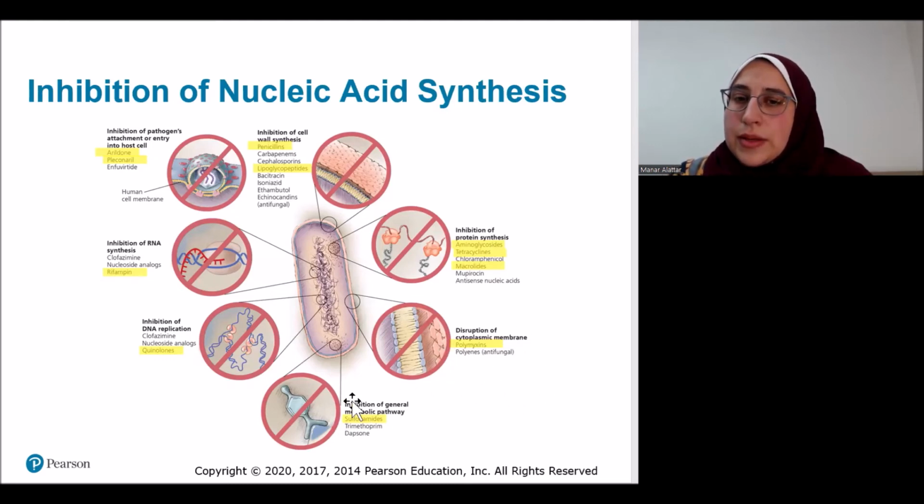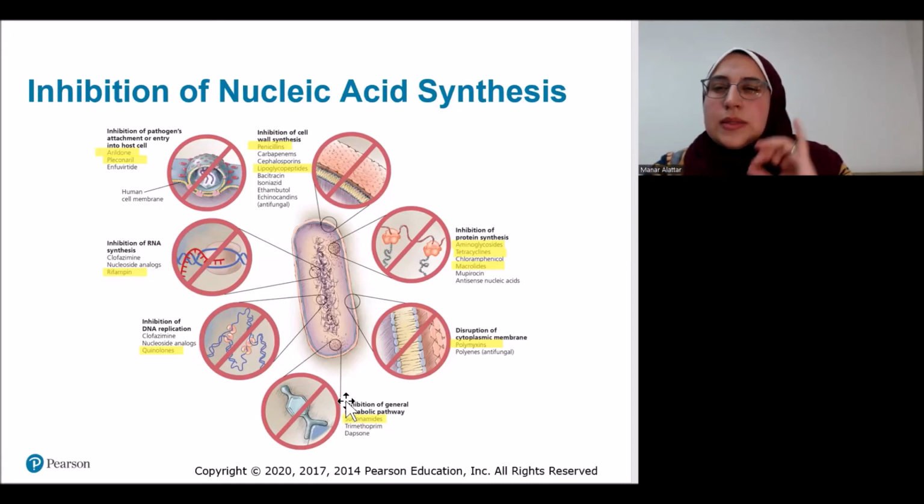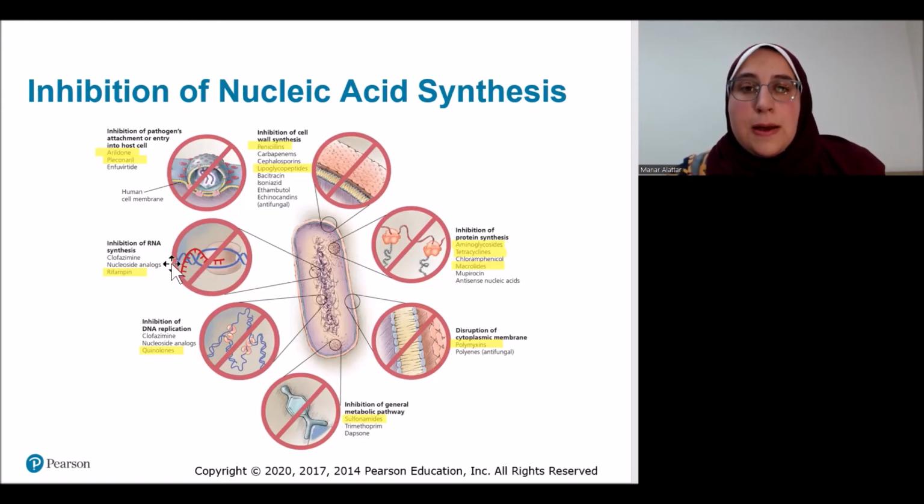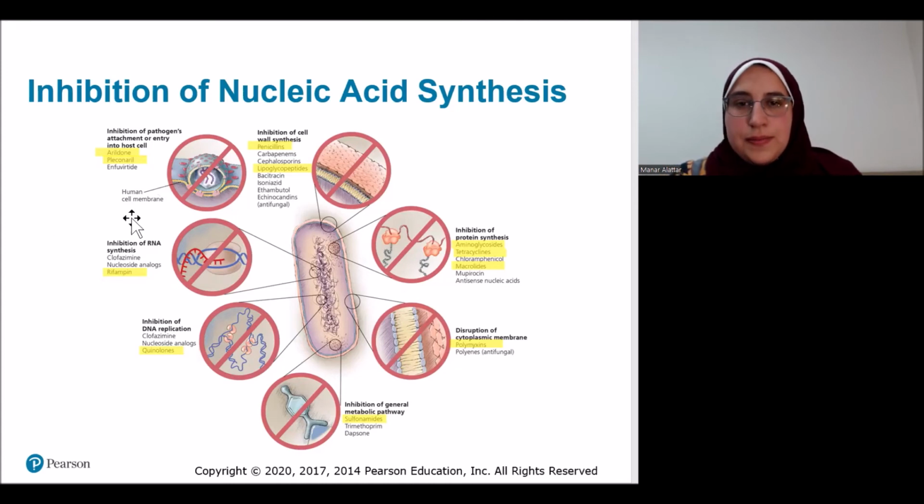We talked about inhibition of metabolic processes, specifically focusing on sulfonamides. We talked about inhibition of both DNA replication as well as transcription. And then we talked a little bit specifically about viruses. Okay. And so this gives us an overview of how different types of clinical drugs work.